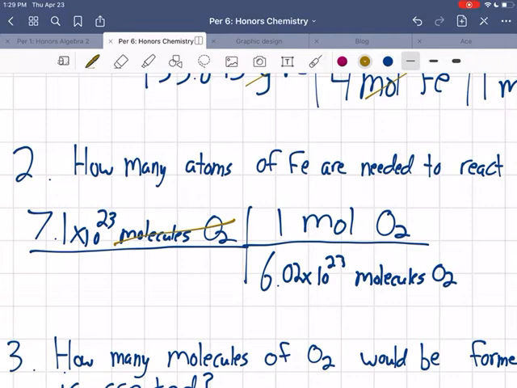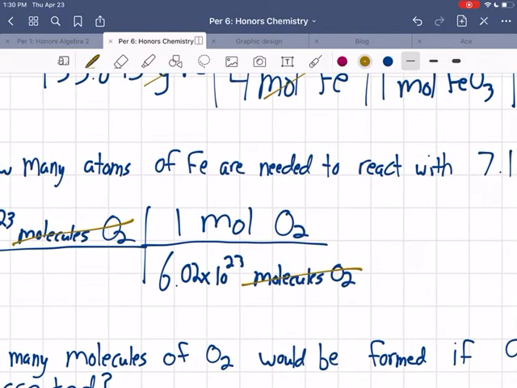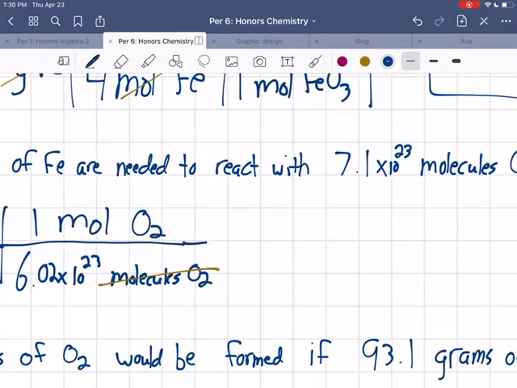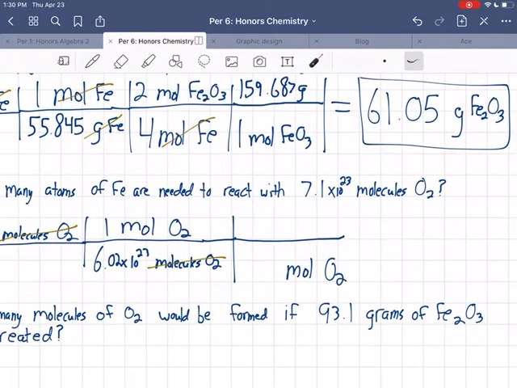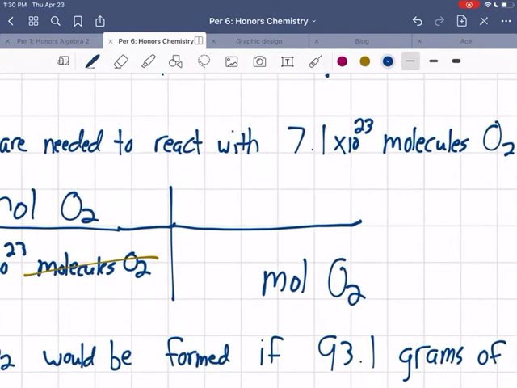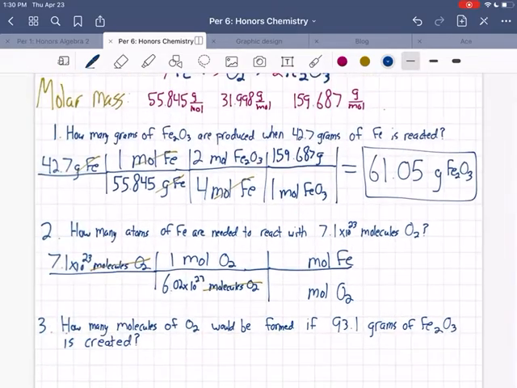So that'll help us transition from molecules to moles. After that point, we then have to transition using our balanced chemical equation, going from moles of oxygen, and we're trying to get moles of iron.